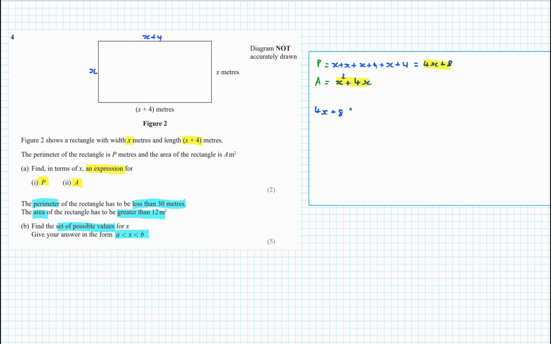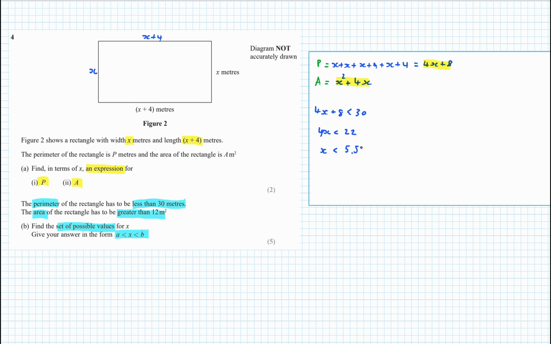so let's solve for x. So 4x is less than 22, so 5.5. x is less than 5.5.